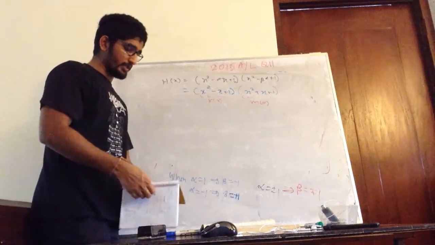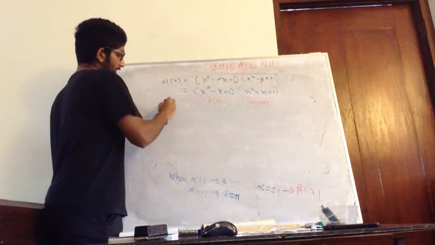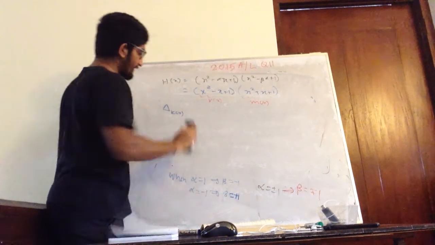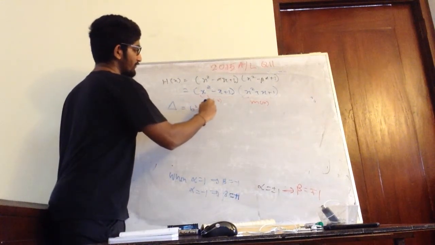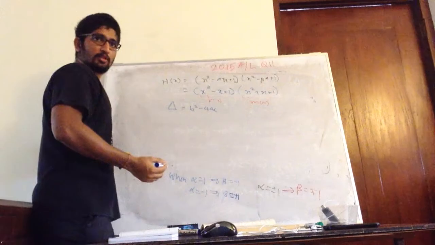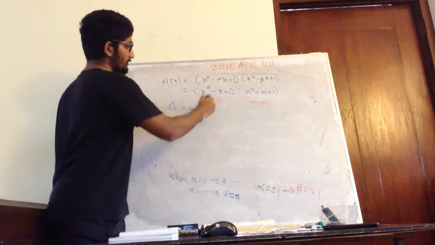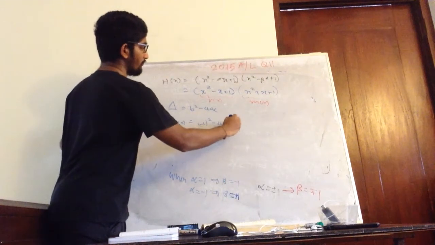So now if I do that, I am going to take delta of k(x). So what is delta now? Delta is b squared minus 4ac. So delta of k(x) here is minus 1 squared minus 4 times 1 times 1.